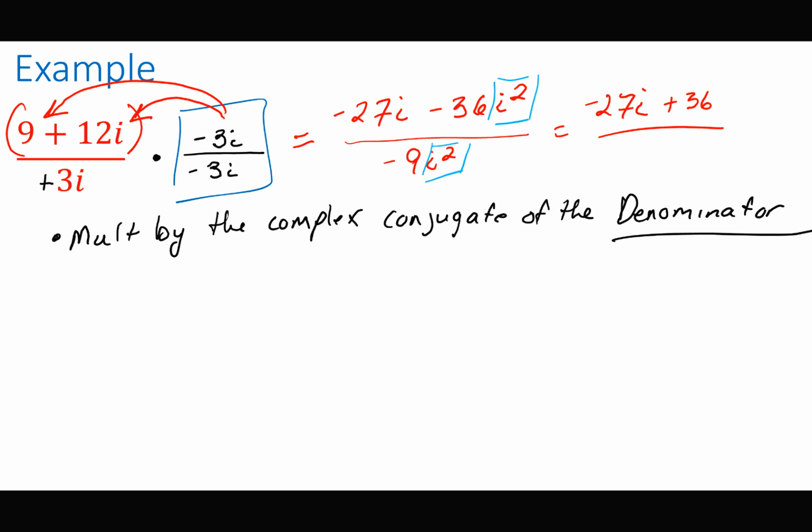Negative 9 times negative 1 would make that a positive 9. Okay, so I'm just going to rewrite this, and I'm going to write it in proper complex form. So this would be 36 minus 27i, all divided by 9.